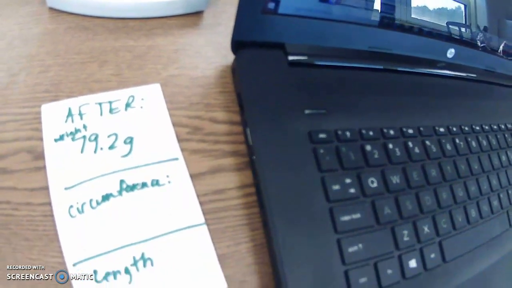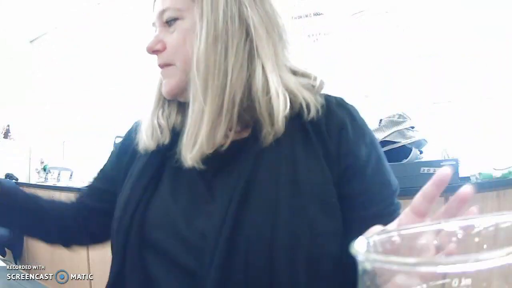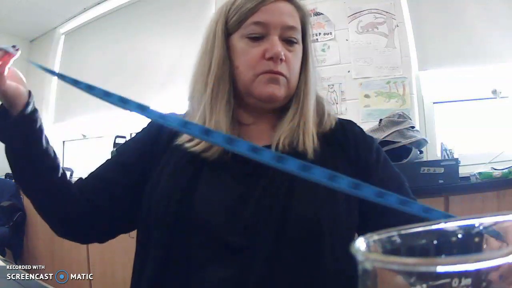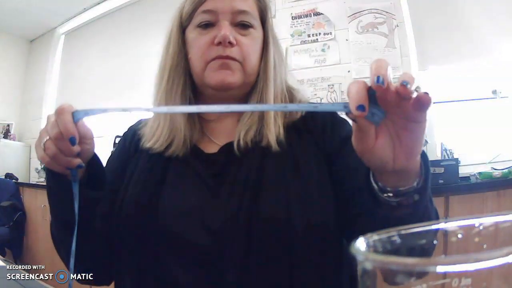And now we're going to check for circumference and length. So remember, here's our measuring tape. Going to use the little numbers on the bottom. Those are the centimeters. Careful not to poke the egg.